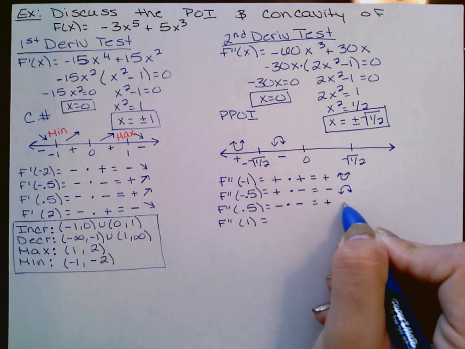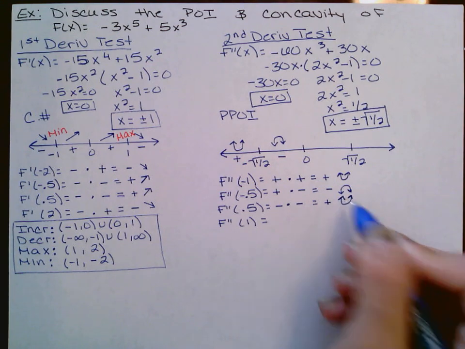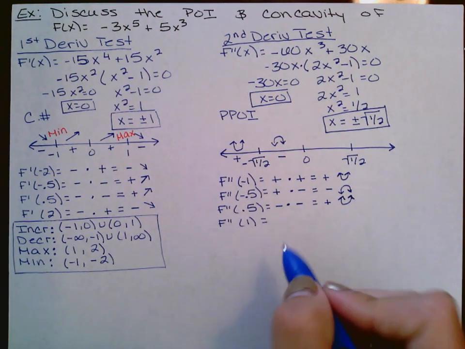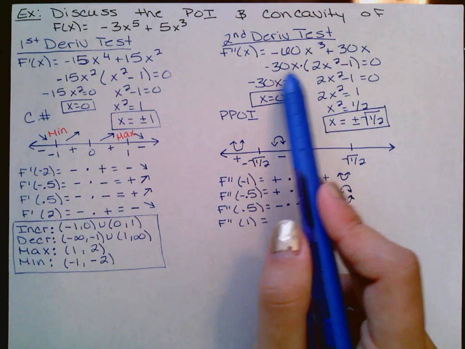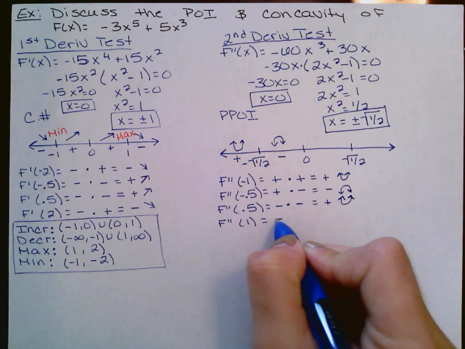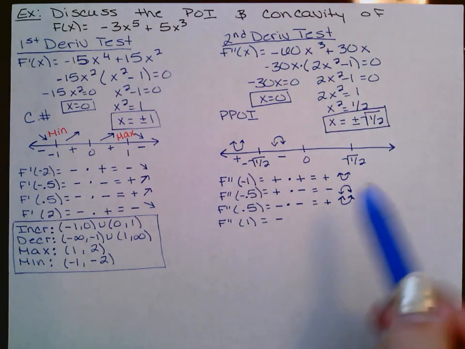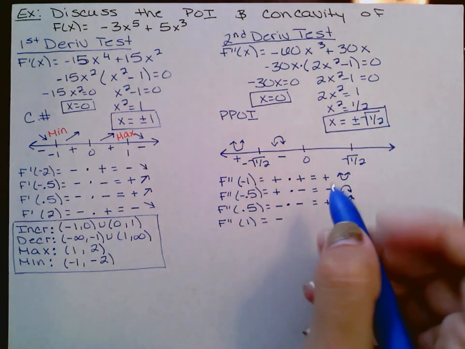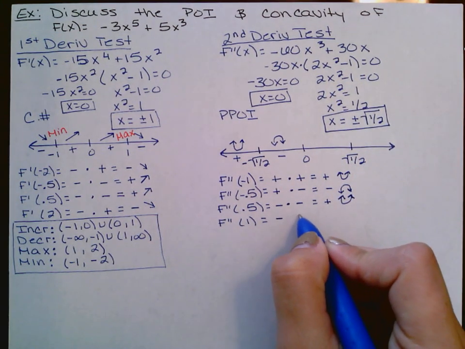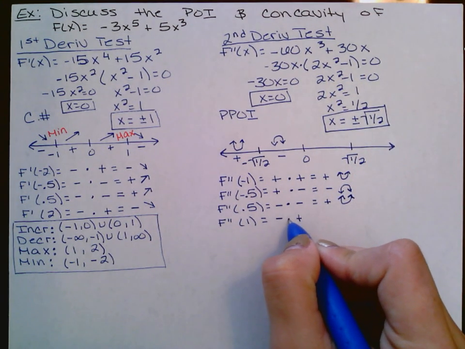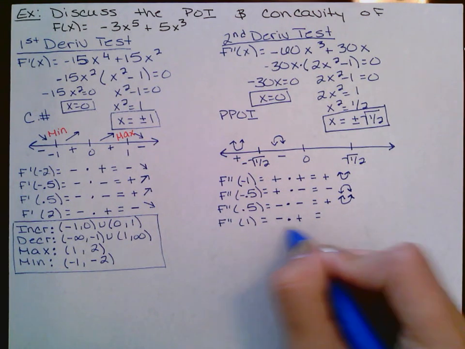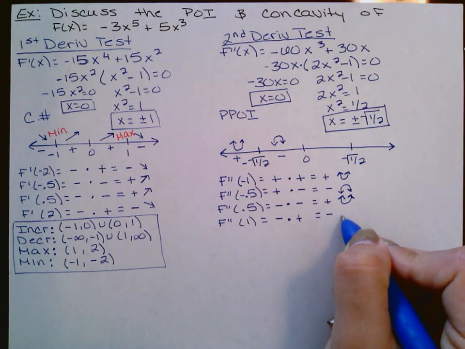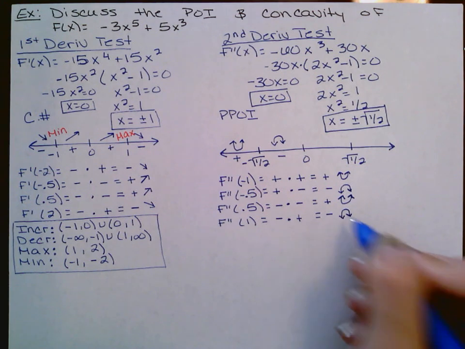Negative and negative makes positive, which is concave up. And then 1 times negative 30 is negative. And then 1 squared times 2 minus 1 is going to be positive. All right, negative times positive is negative, which gives me concave down.